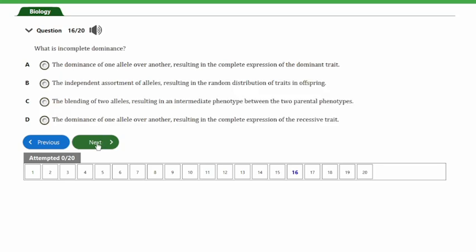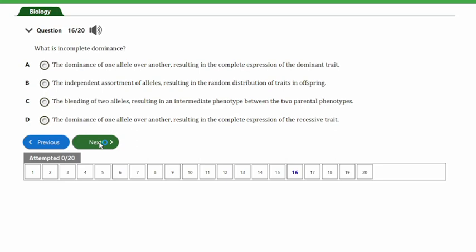So let's look at the next question, and that's question number 16. It says, what is incomplete dominance? A, the dominance of one allele over another, resulting in the complete expression of the dominant trait.